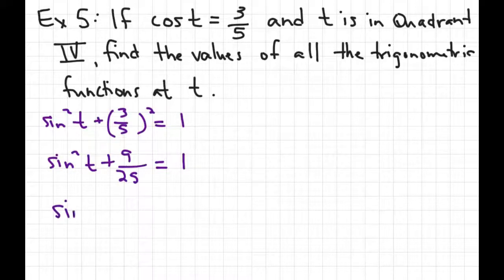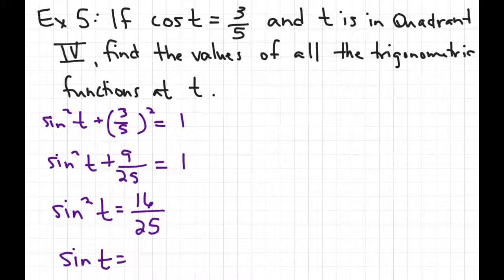And then you would subtract the 9 over 25, and you would get 16 over 25. And then to get sine t, you would square root the other side, because that's how you get rid of a square. So you would get plus or minus 4/5.